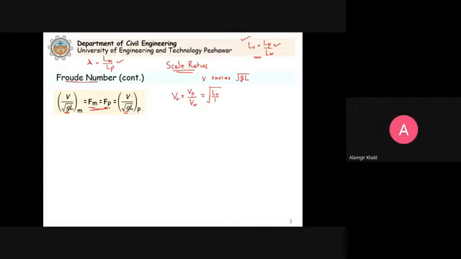So from this equation, if you compare these two, you will get that relationship. Clear? So this will be equal to Vp by Vm.